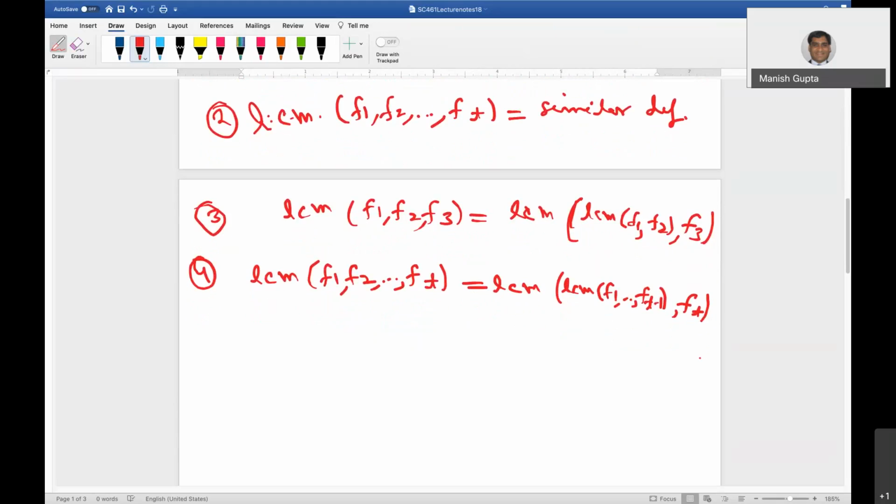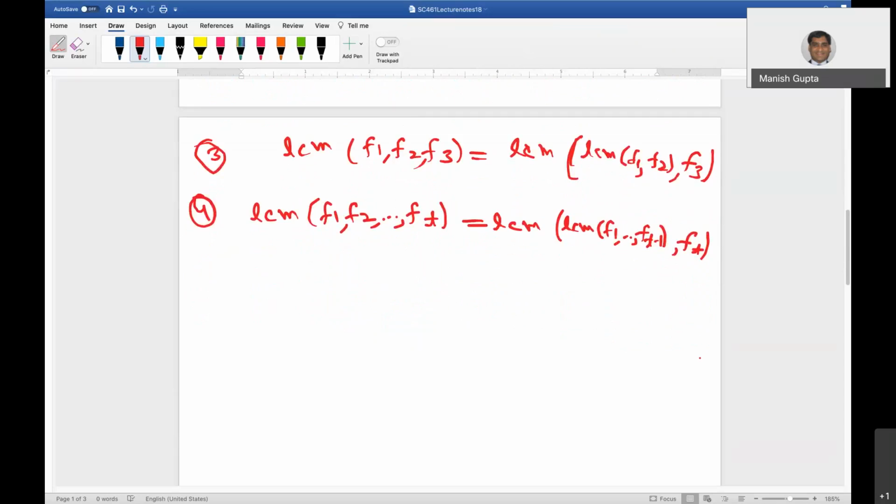The fifth property, for which we also have an analogy with the set of integers.